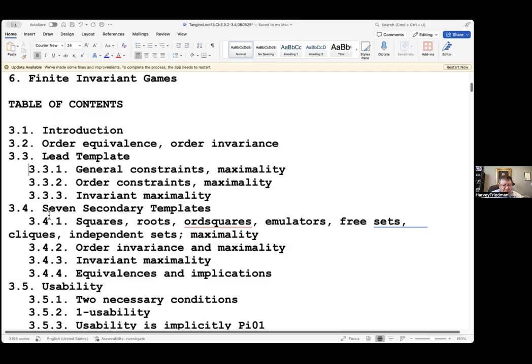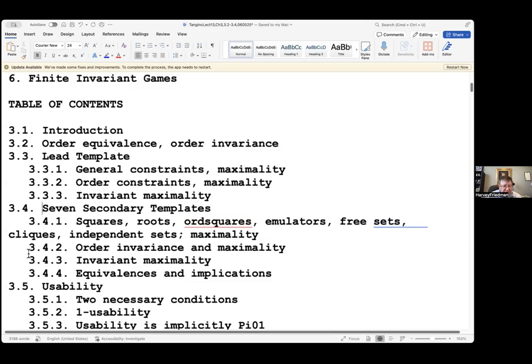They all fall nicely under the lead template, but they are more specific and they are sensitive to particular mathematical interests people have, or mathematical communities, if you like. Squares, roots, Ord squares, emulators, free sets, cliques, independent sets.